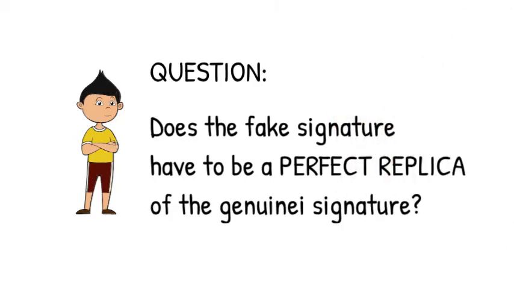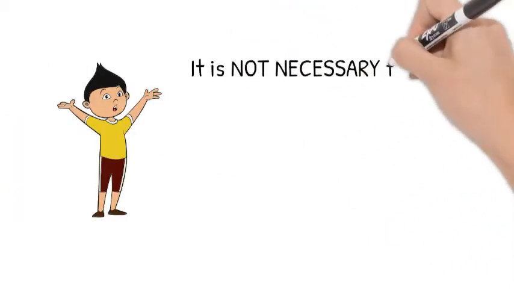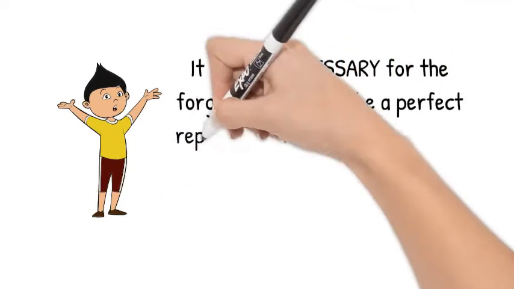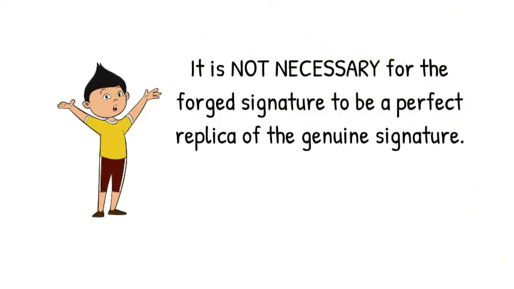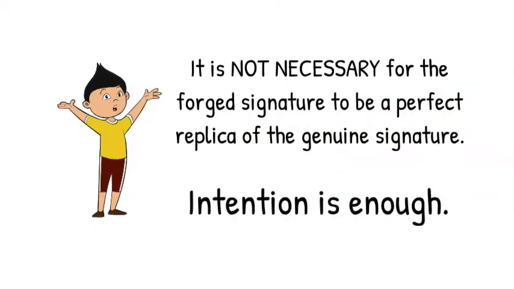When talking about imitating signatures, it is not necessary for the forged signature to be a perfect replica of the genuine one. It is enough that the person doing the imitation had the intention of copying the genuine signature.